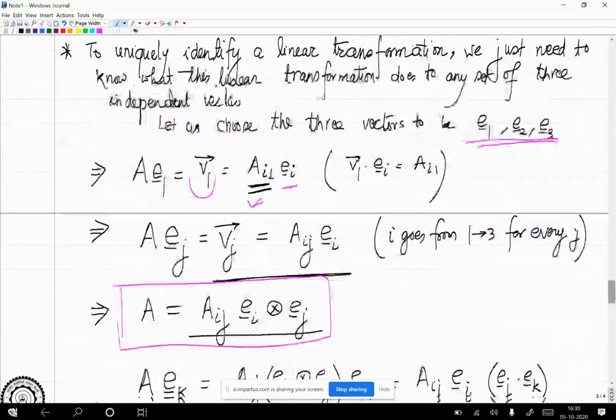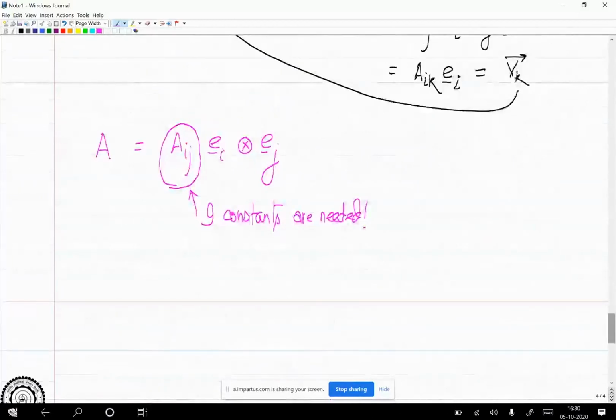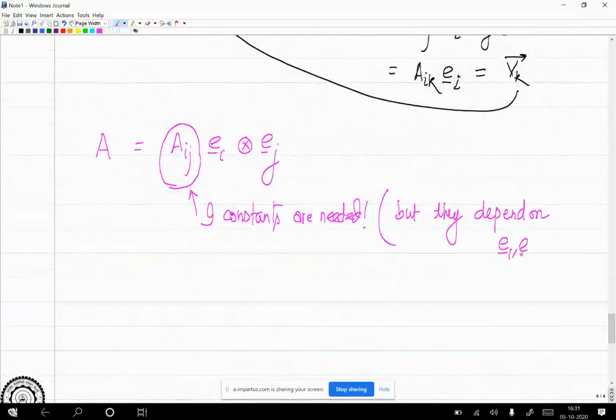So finally, it has turned out that these 9 constants are needed, but they depend on E1, E2, E3.